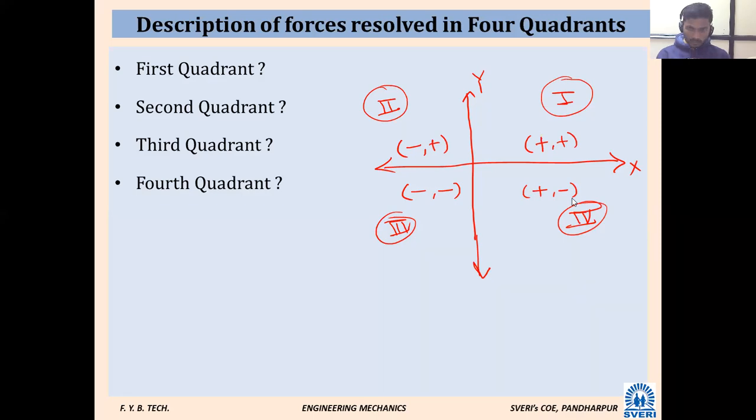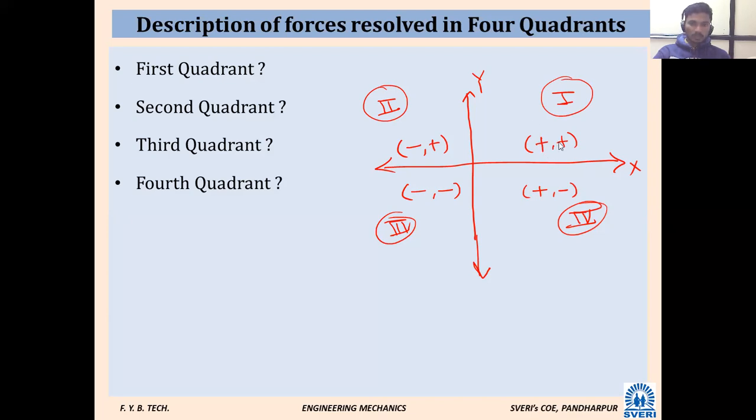Components of X and Y axis. I want the exact answer. Let us check who will give the exact answer. Quadrant signs. What is this exactly?